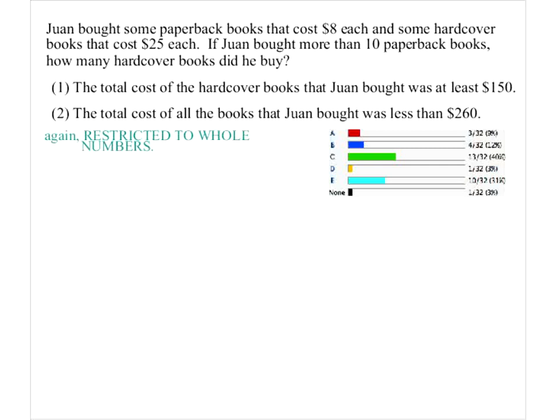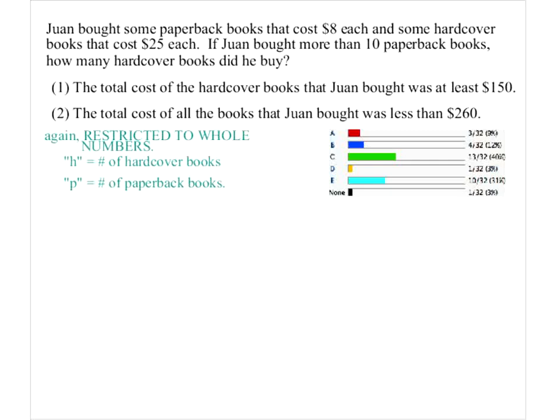Let's say that H is the number of hardcover books, and let's say that P is the number of paperback books. Then you're given that the paperback books are $8 each, and the hardback books are $25.